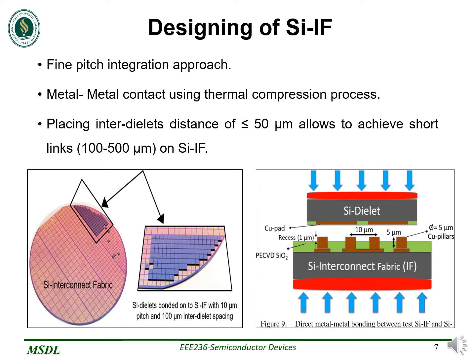Also, fine features decrease the wiring congestion, which in turn reduces the number of wiring levels required for connections. In our silicon interconnect fabric technology, up to 4 wiring levels are possible, though this is not a fundamental limit.